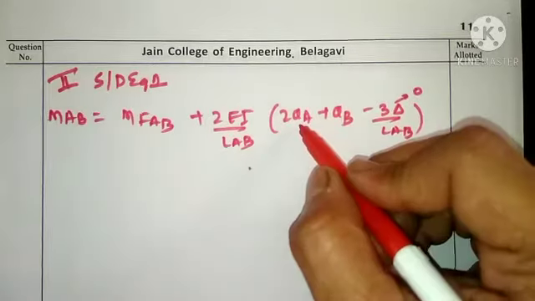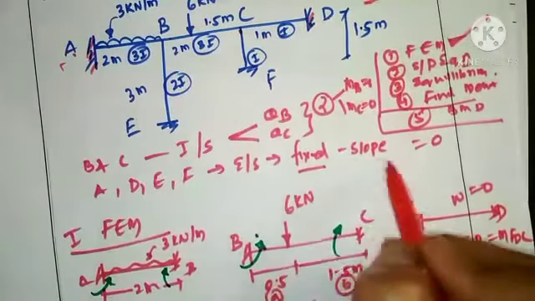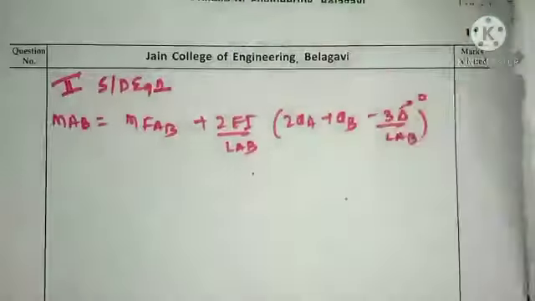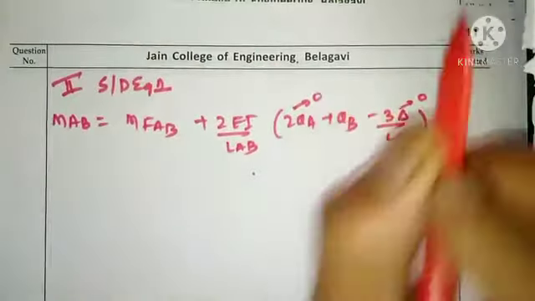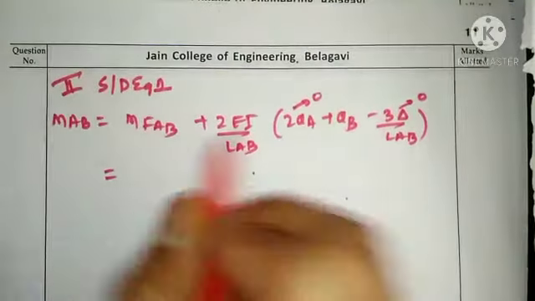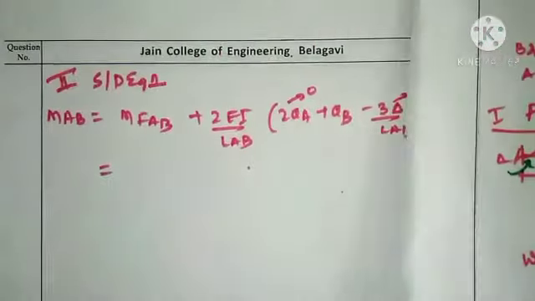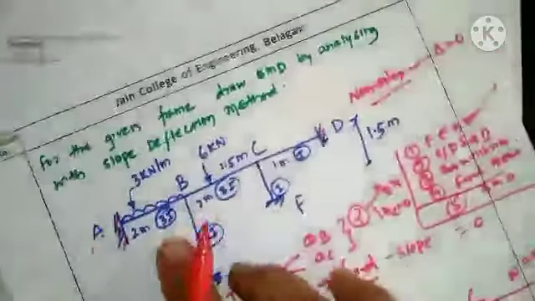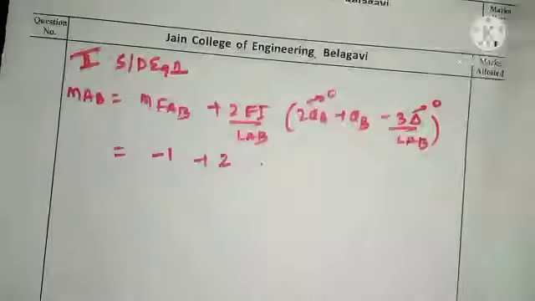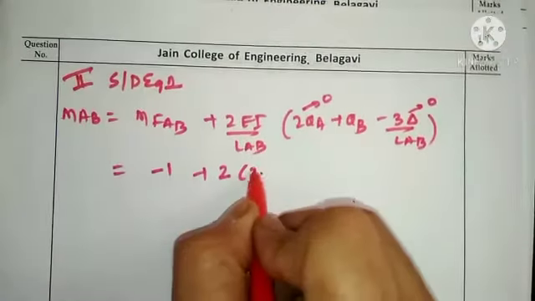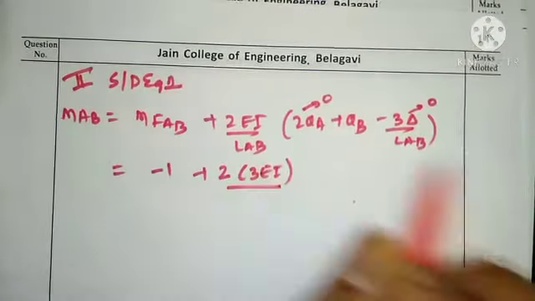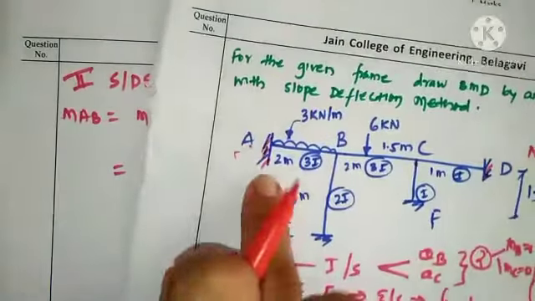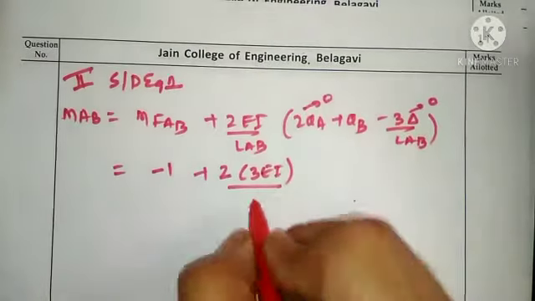Now coming to the slope at A and B. Since A is fixed, the slope will be 0. So theta A value will be 0 and theta B shall be kept as it is. MFAB value, just what we have calculated here, is minus 1. So you are going to substitute here minus 1, plus 2 into EI value 3, so 2 into 3 EI, and the length of the member AB is 2 meters, divided by 2 meters.